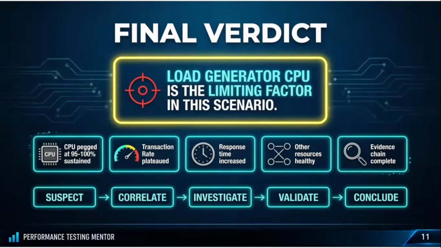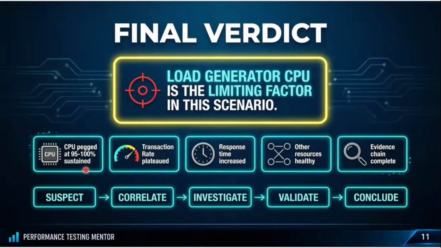How did we get here? We started with a response time increase. Then we identified the change point around 1500 virtual users. We compared the load generators and found one clear outlier. We investigated CPU and found sustained CPU pressure. We investigated memory, network, and disk IO for competing evidence.